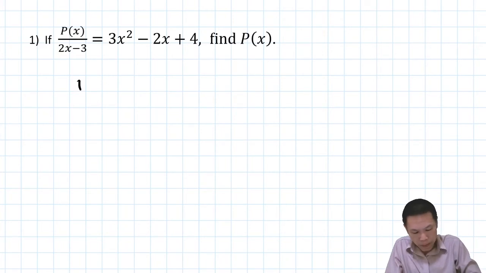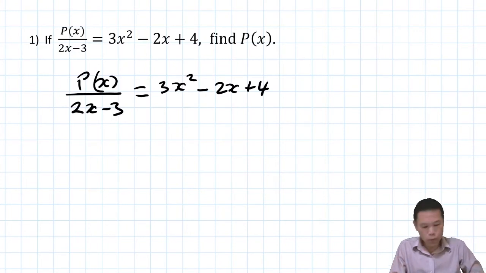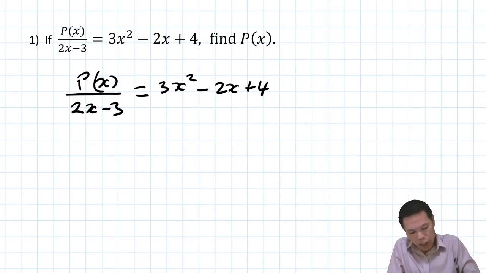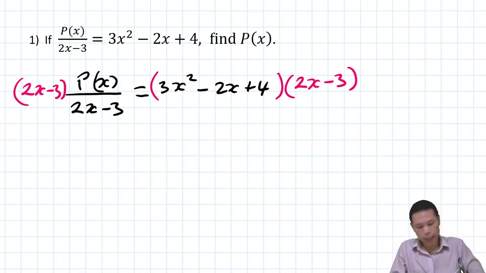So we have p of x over 2x minus 3. So now what I do, I times both sides by 2x minus 3. And of course, this is have to be bracket 2x minus 3. And then this is simplified by just cancel out.